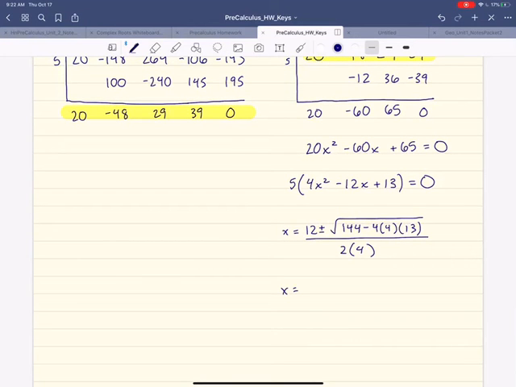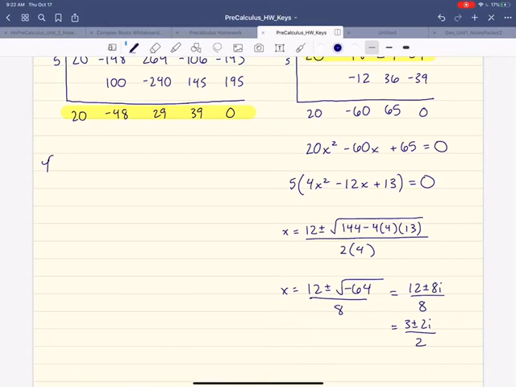So when I simplify, I get 12 plus or minus the square root of negative 64 over 8, which is 12 plus or minus 8i over 8, and that simplifies to 3 plus or minus 2i over 2.